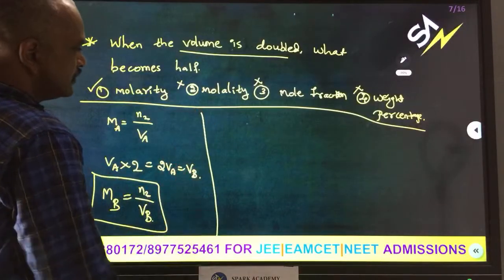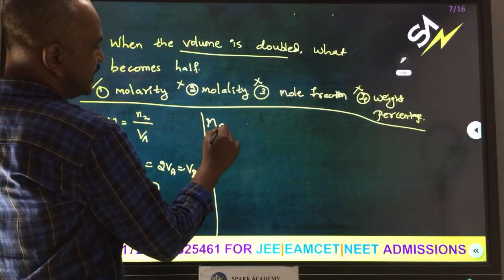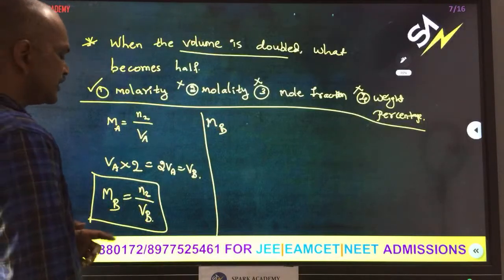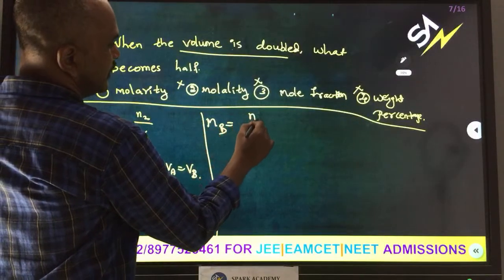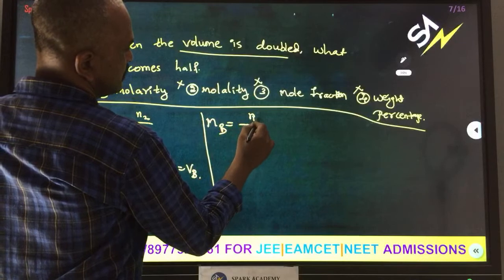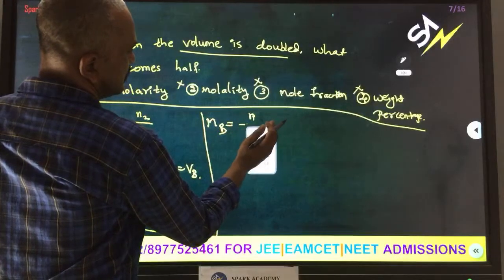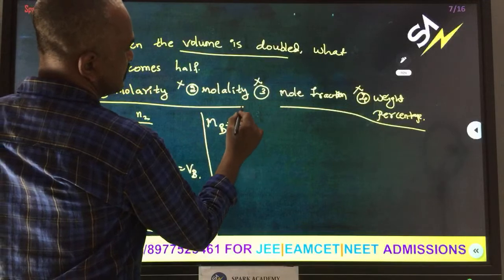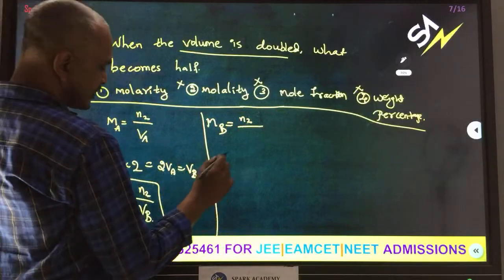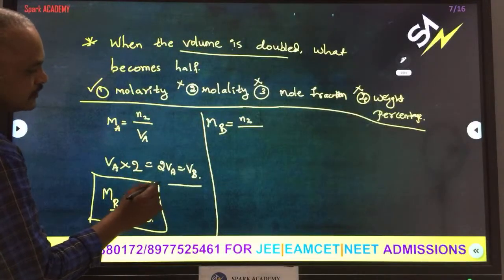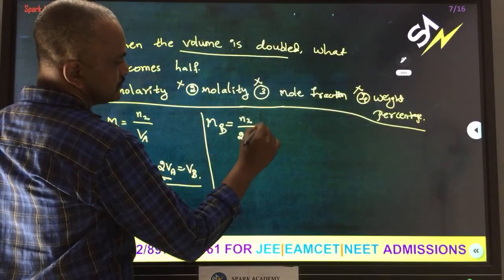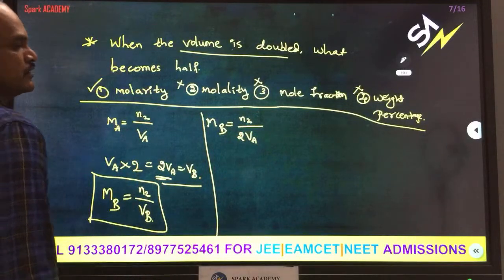Next. Mb means after doubling the volume. Understood? Mb equals n2 by V, what can we take? 2Va we can take here. Understood? It is a double here. Okay.